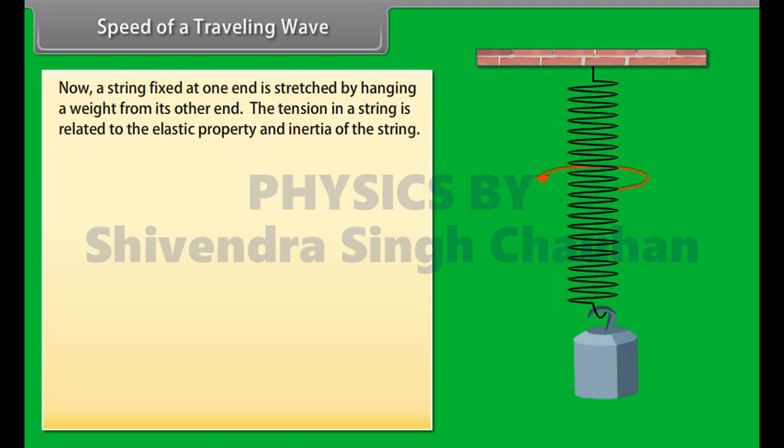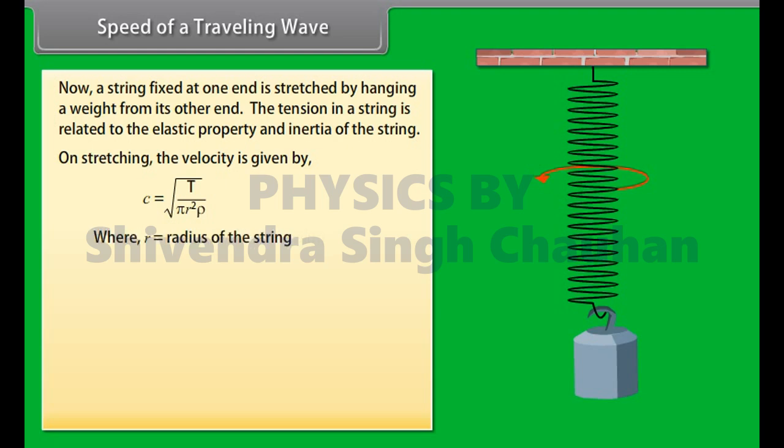The tension in a string is related to the elastic property and inertia of the string. On stretching, the velocity is given by C is equal to under root T upon pi r square rho. Here, r is equal to radius of the string, rho is equal to density of the material.